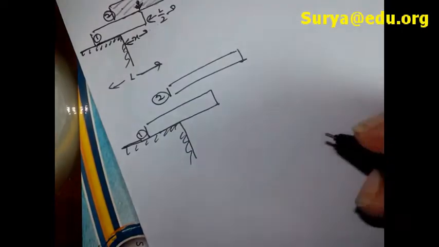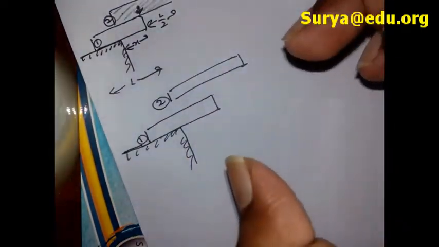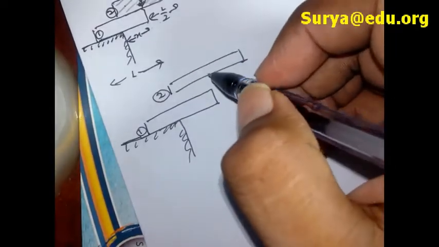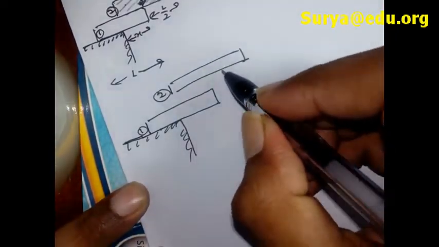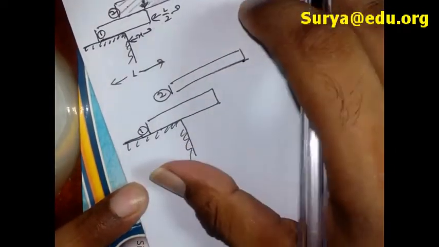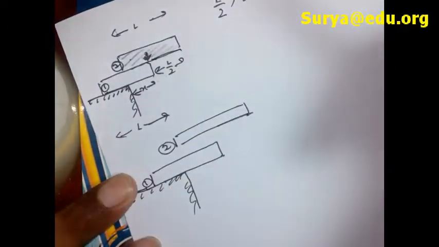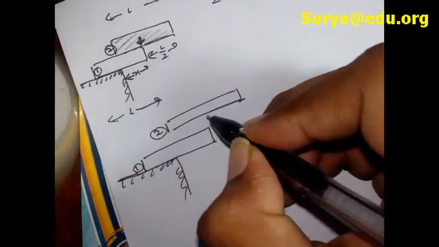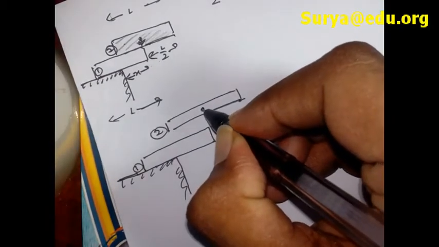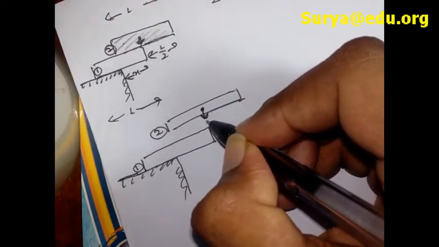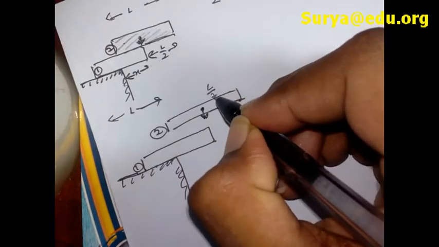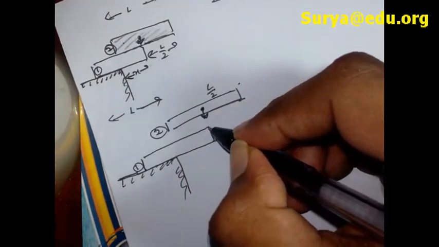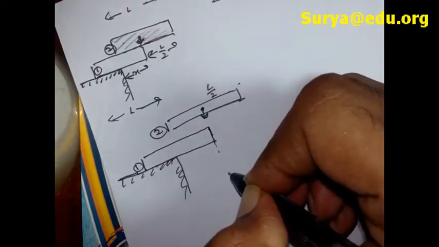We know, guys, the minimum distance for block number 2 must be L by 2 from this corner, that means this length, because it is kept like this. Definitely the center of gravity of block number 2, which is at L by 2 from this end, will pass through the edge of block 1.